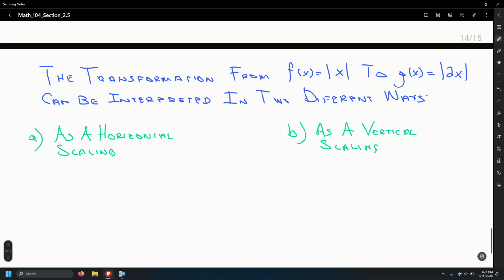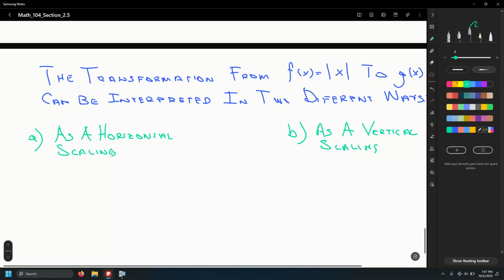However, when it comes to the scaling, it's a little weird. For the horizontal scaling, let me repeat the same exercise right here, and let me do the whole analysis again.